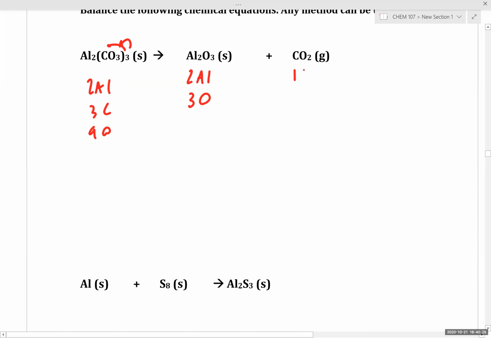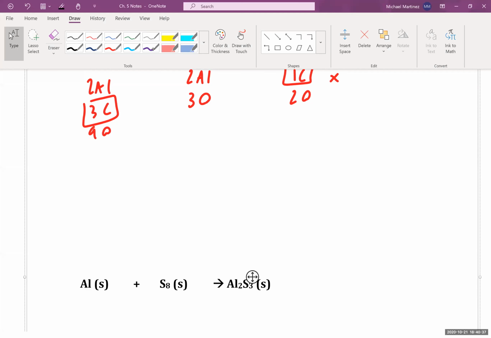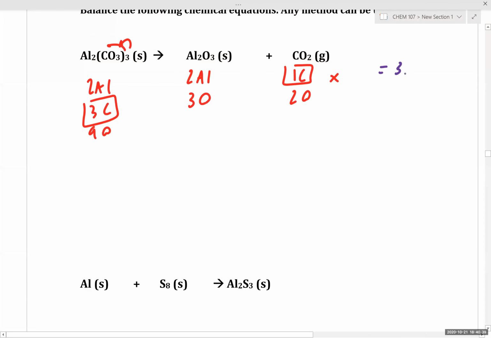For carbon dioxide, we have 1 carbon and 2 oxygen. We're going to balance carbon first. So what coefficient do we need to guess in order to have 3 carbons on each side? 3. Yep. So we need a coefficient of 3. That in turn gives us 3 carbons and 9 oxygens on each side, as well as 2 aluminum. So this first equation is just balanced with a single coefficient.